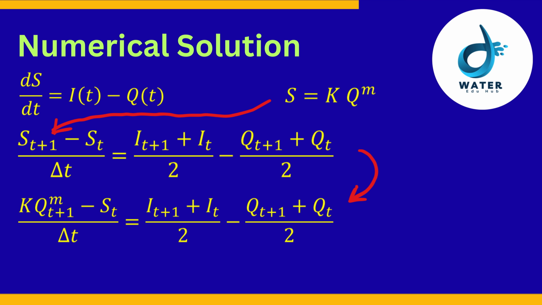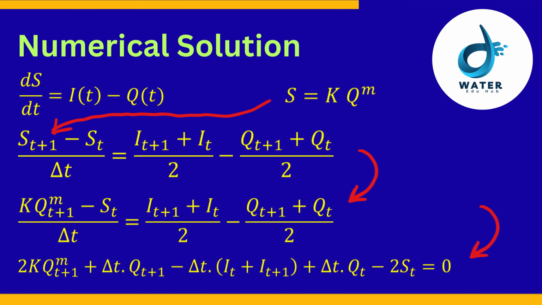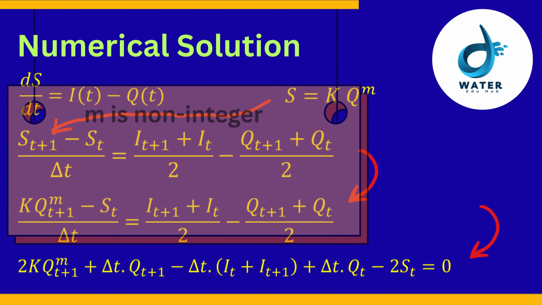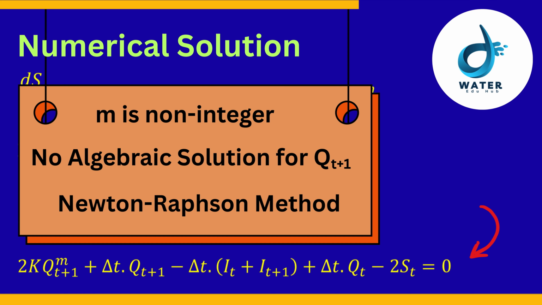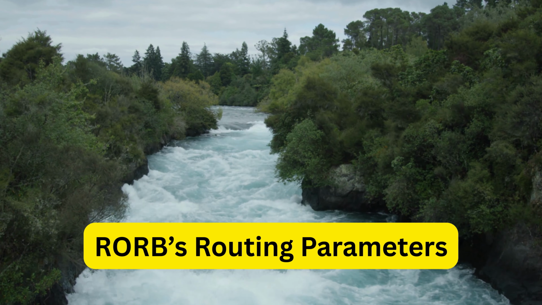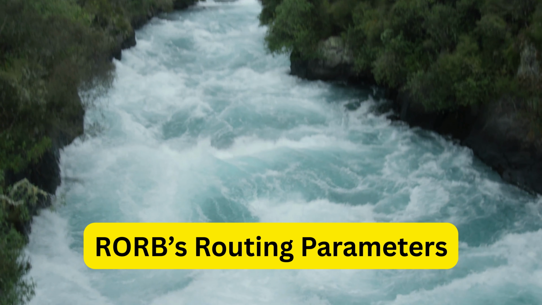Rearranging to isolate the terms, we define a function f of Q(t+1) that must equal 0. Since m is usually non-integer, there is no direct algebraic solution for Q(t+1). RORB employs an iterative numerical procedure, specifically the Newton-Raphson method, to solve the root of this equation at every time step for every reach.